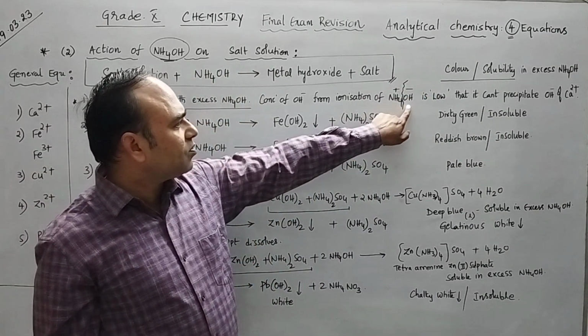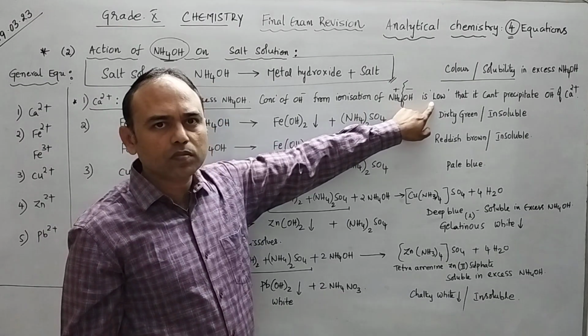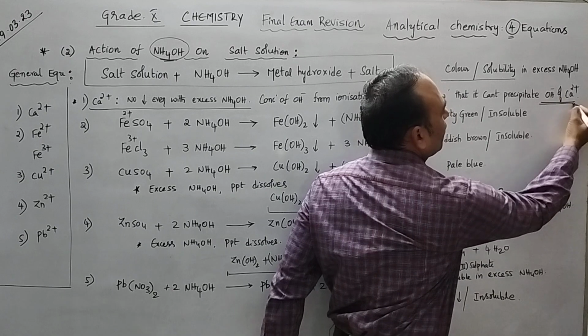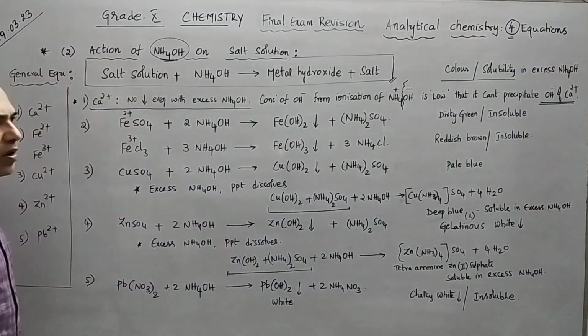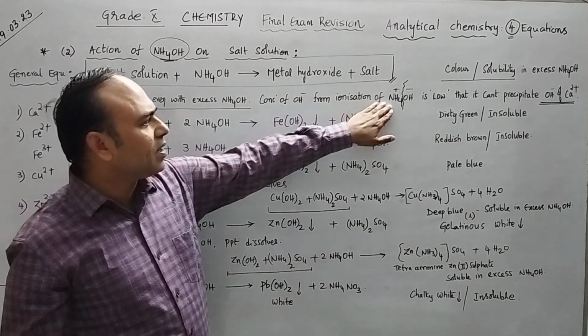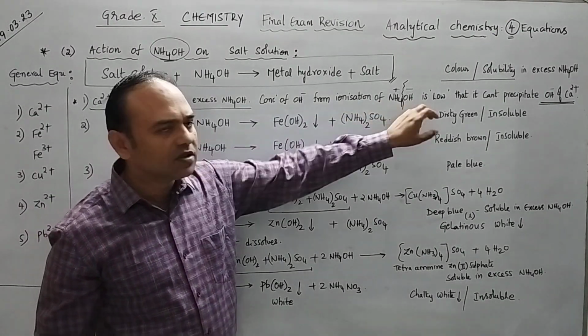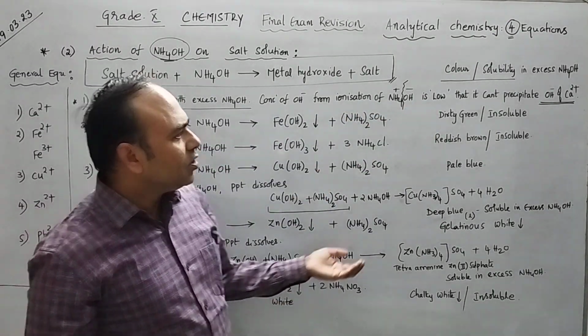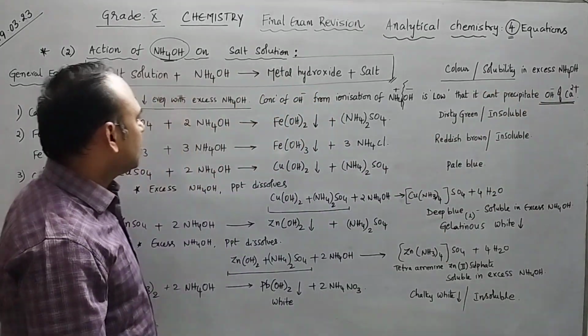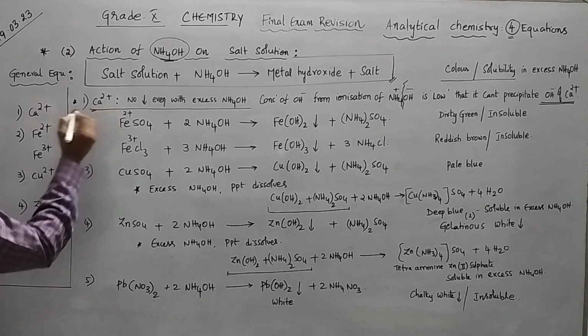The concentration of OH minus is very low, such that it cannot precipitate the hydroxide of calcium. Hope you have understood this. When you ionize ammonium hydroxide, the concentration of OH minus is very low, such that you don't get the precipitate of calcium ions. For that reason, there is no reaction with calcium.